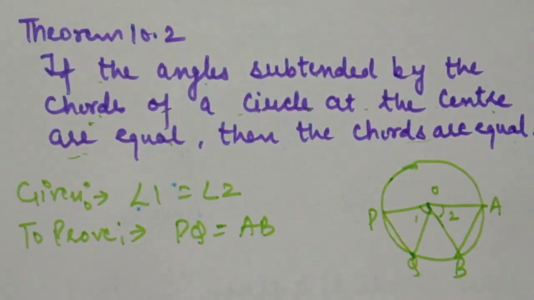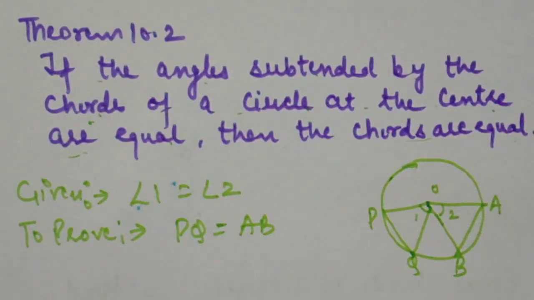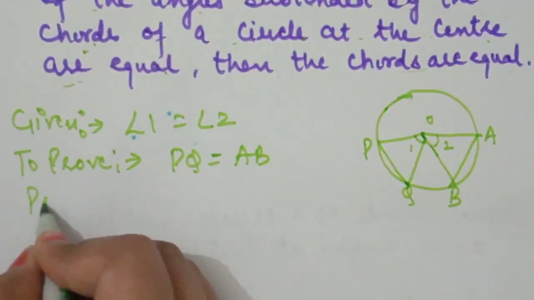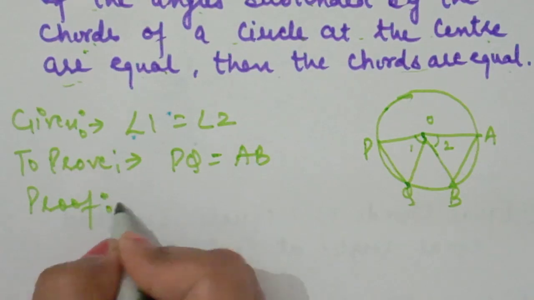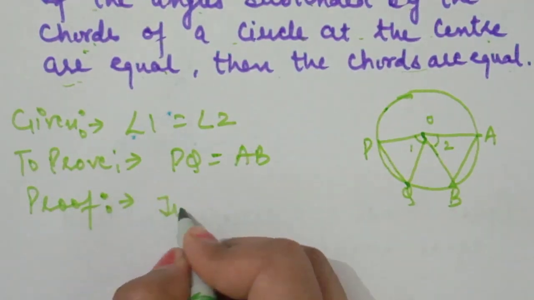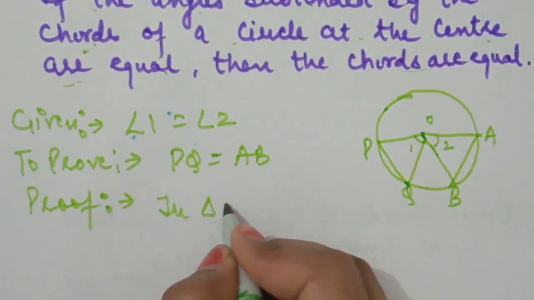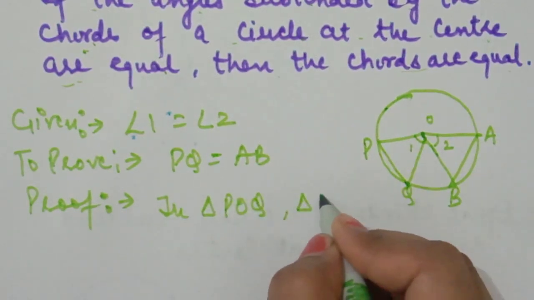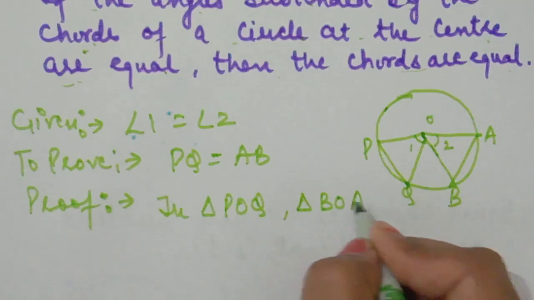If you are understanding correctly, then you recognize now that theorem 10.2 is exactly the converse of theorem 10.1. So students, we will start our proof like theorem 10.1. First of all, we take two triangles, triangle POQ and triangle BOA.